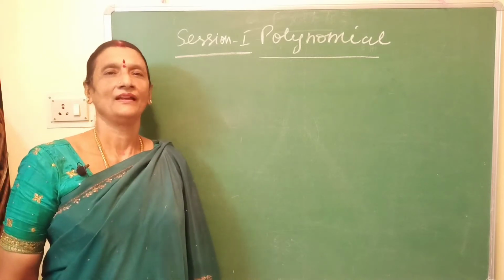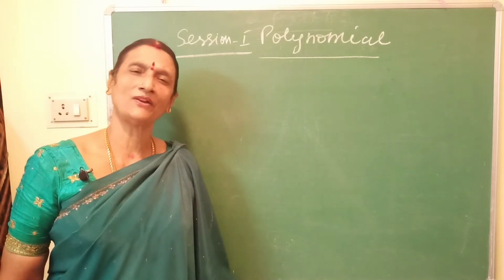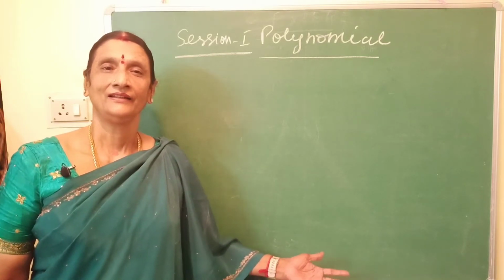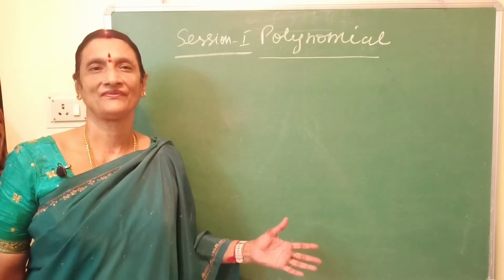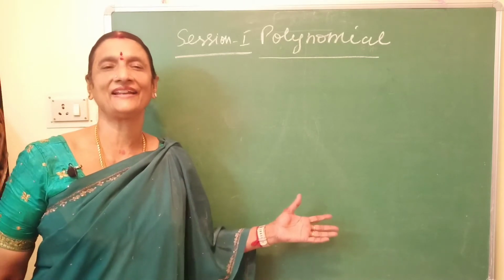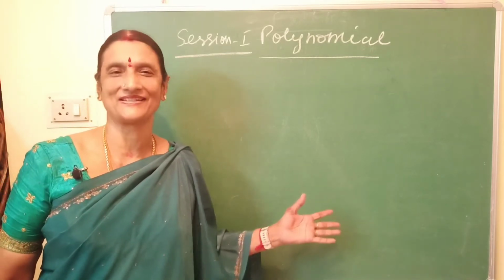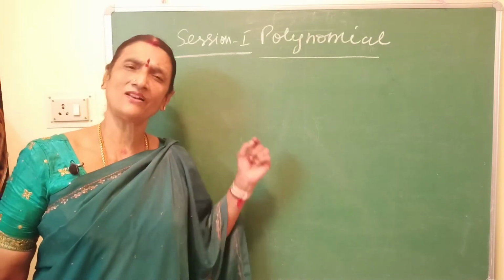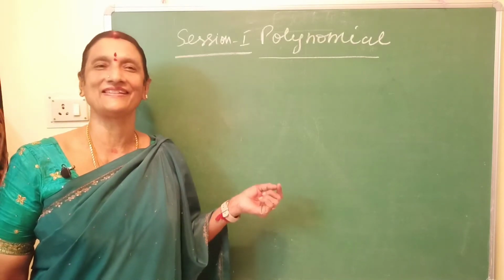Okay. Now, we all know polynomials are algebraic expressions, an expression which is connected with literal numbers and constants. There is a fundamental definition. But polynomials are some special category.